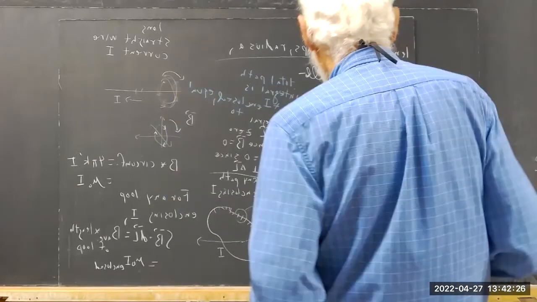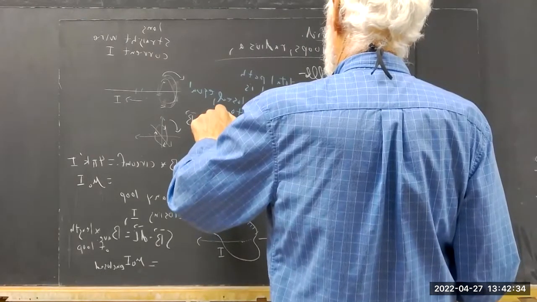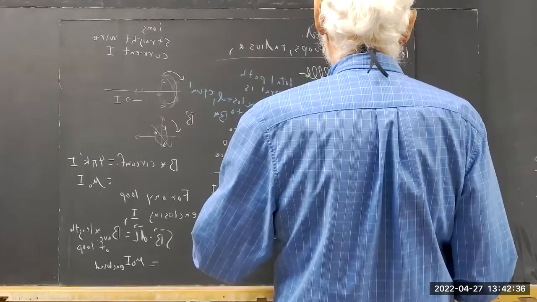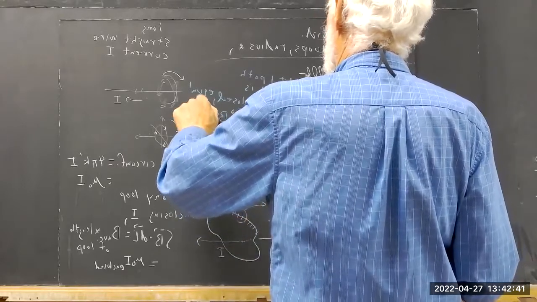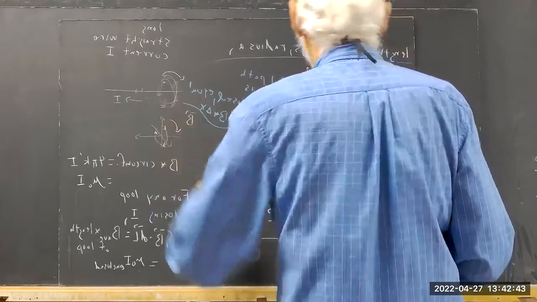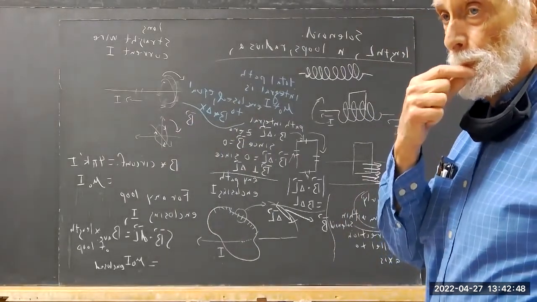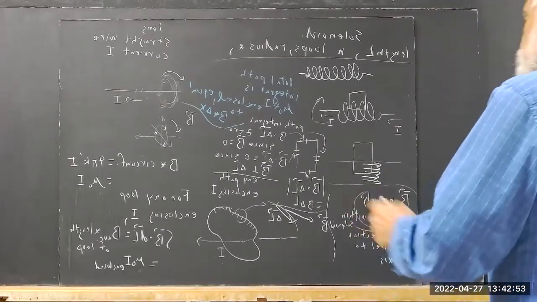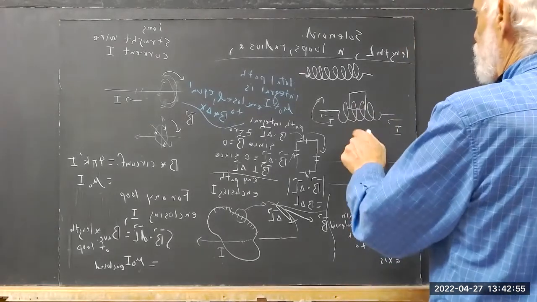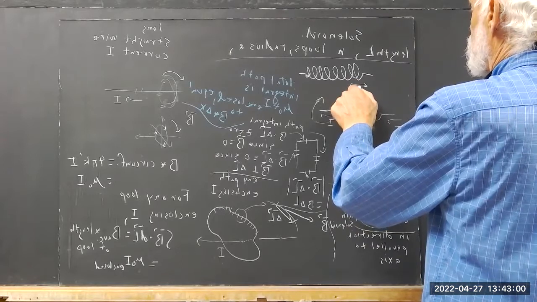And that's equal to B times delta X. Now what's delta X? I didn't put any dimensions in the loop, but now this distance here is going to be your delta X.